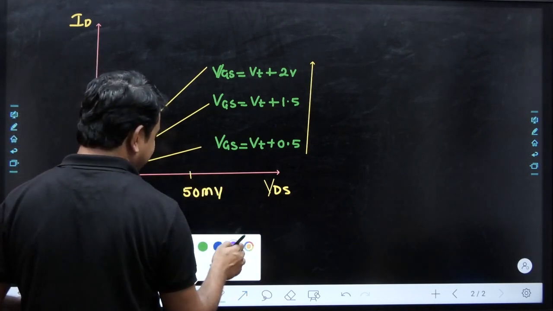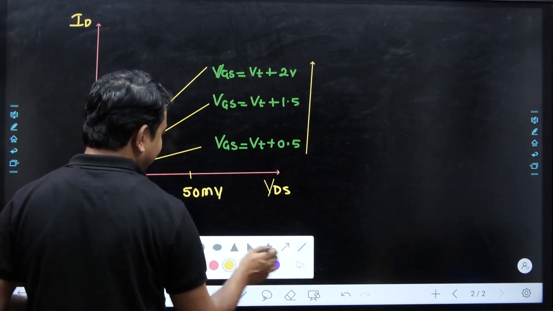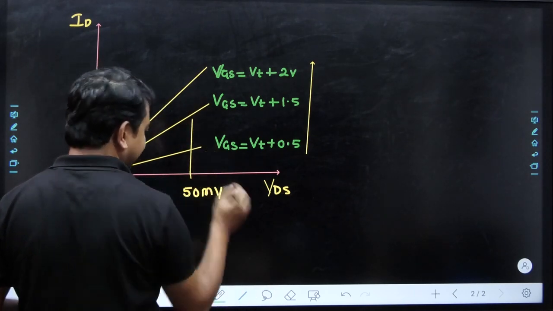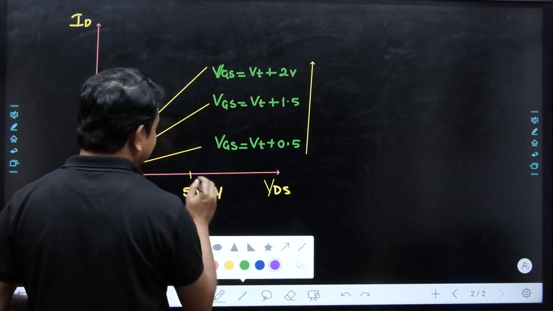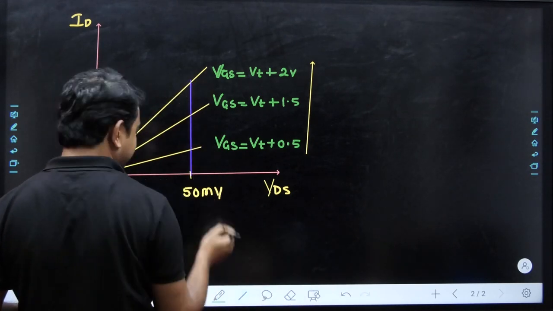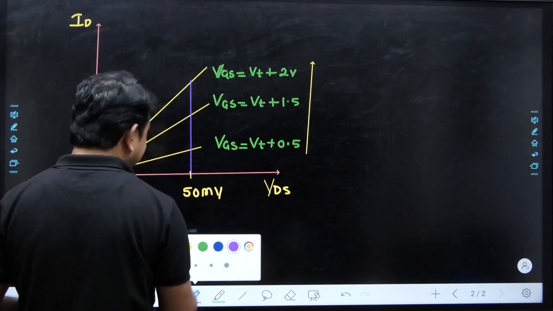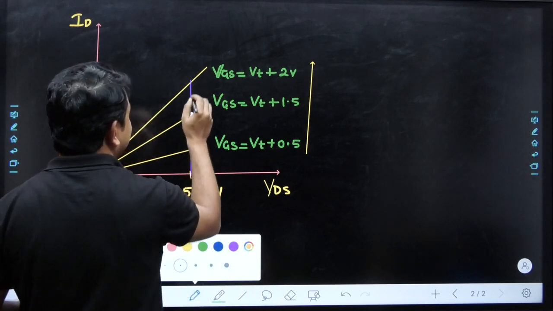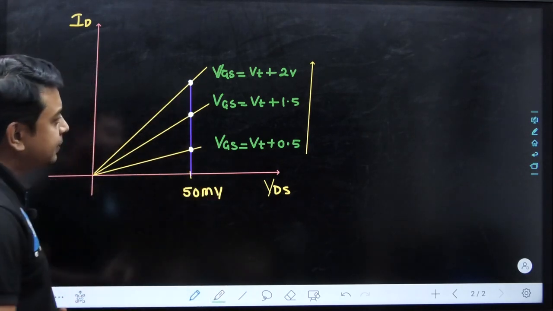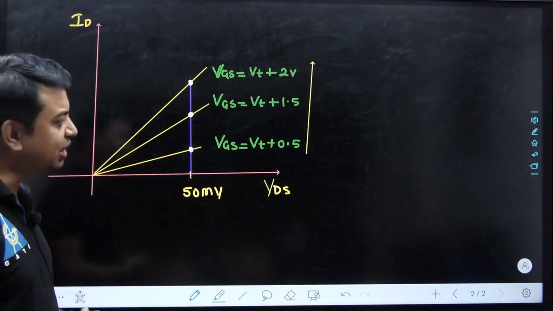That is, if you observe at 50 millivolt, we have three different magnitudes of current, which can be pointed out using this one, and this one. So I think up to this part we have completed.